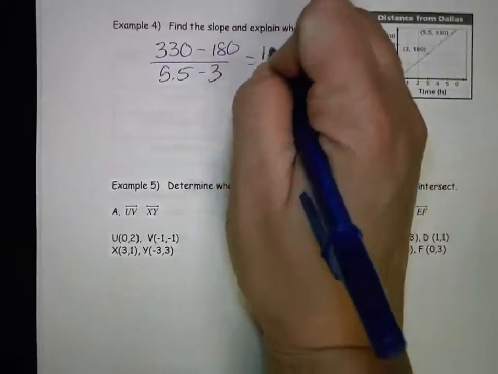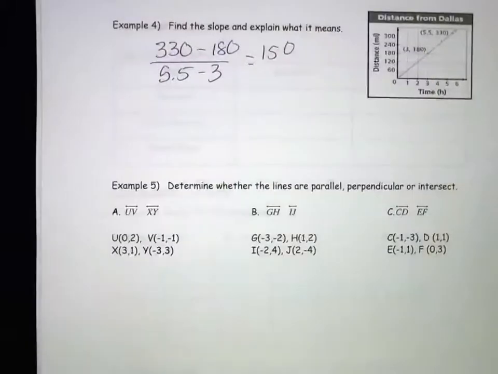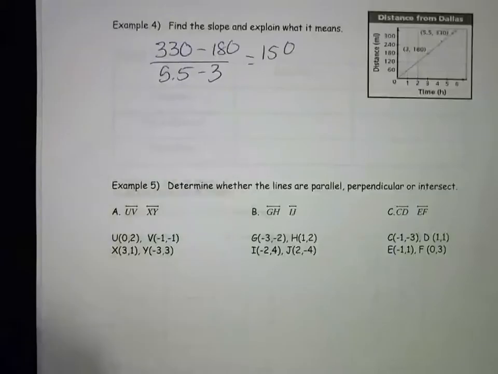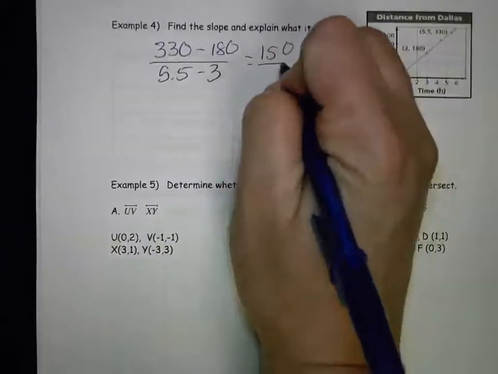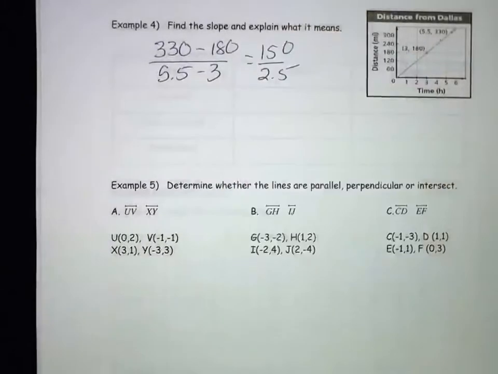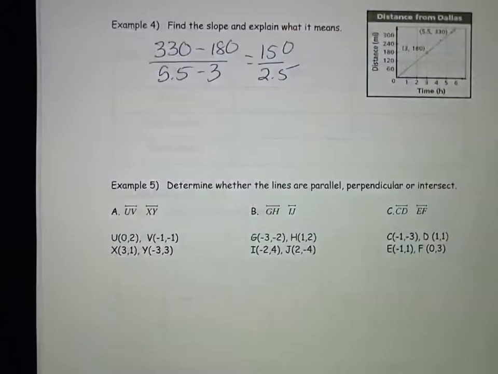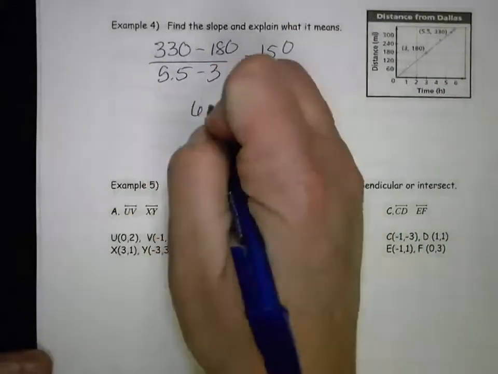And that becomes 150 over 2.5. And if we divide that, we get 60.